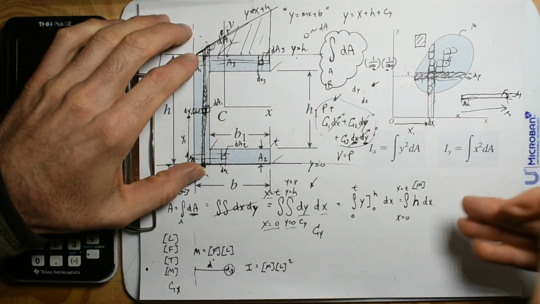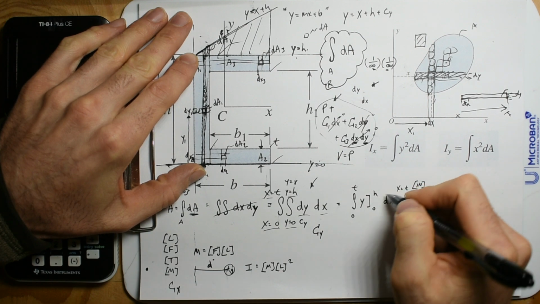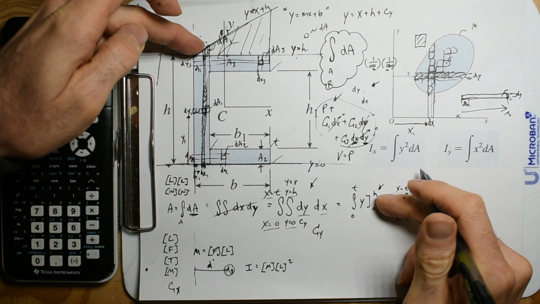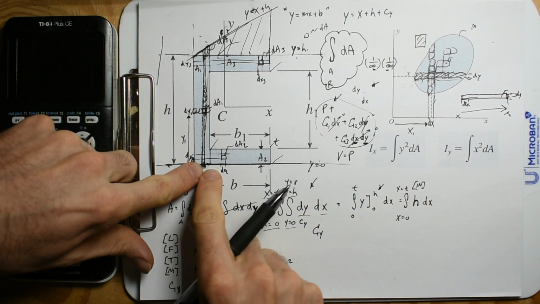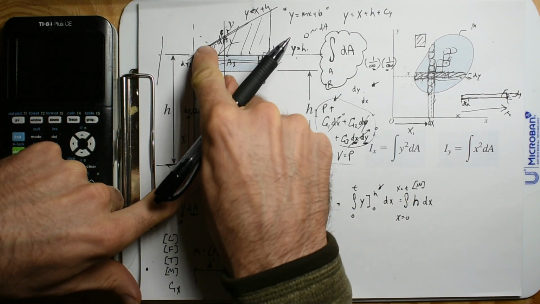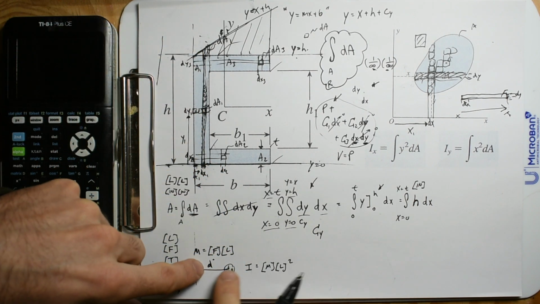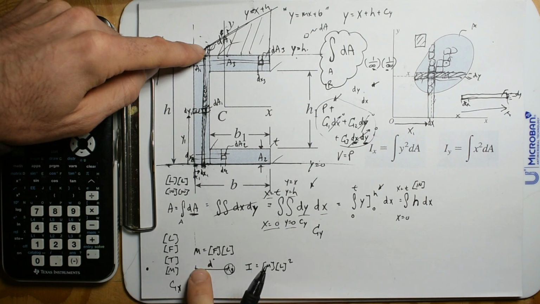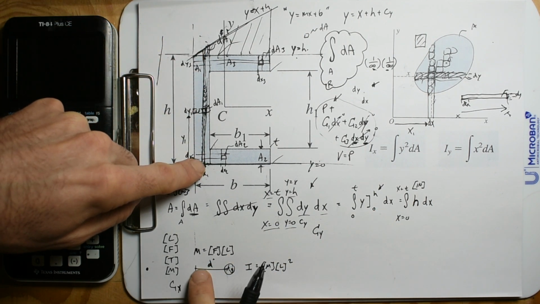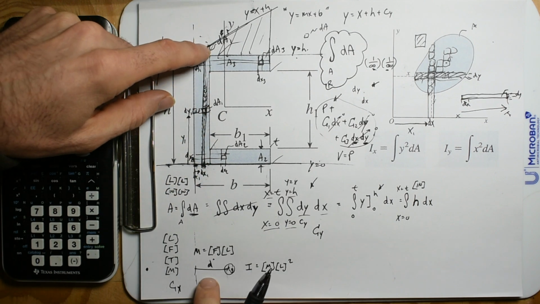After you integrate, you take the limits: this upper bound, h, minus the lower bound. If your lower bound is 0, you just get that height for that line. But if you started down here, you would have h plus cy, and then you would subtract cy. That's the nature of integration.